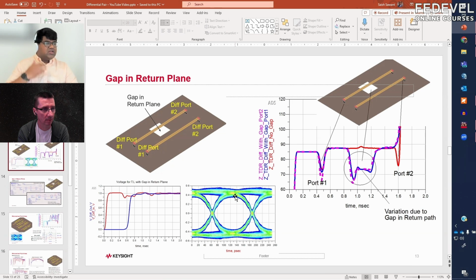So you just see some additional noise getting added onto the V high and V low values, but it's not impacting enough that it is collapsing the eye completely. Also, if you see the difference, this is like 87, and where it is coming right now is around 74.